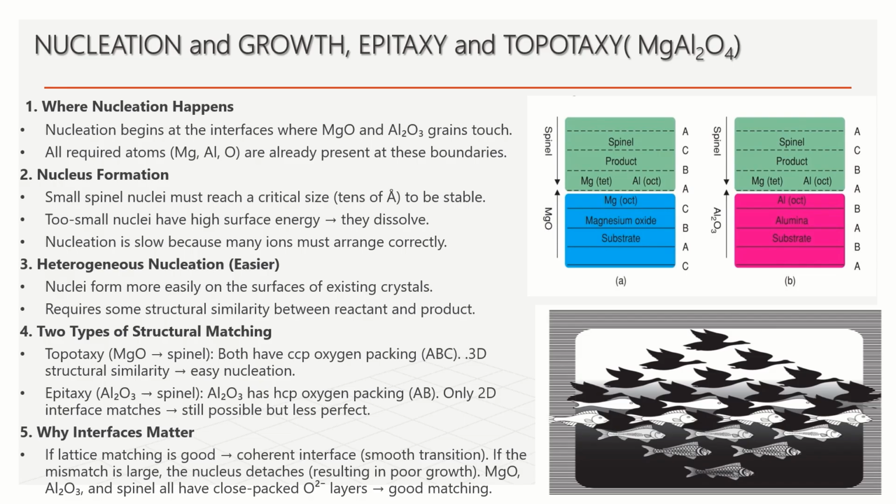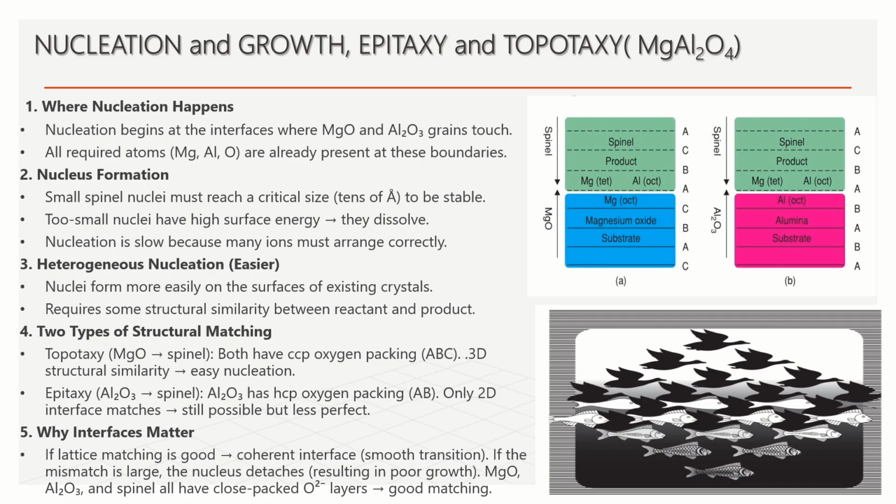Forming the product lowers energy, which is good for the formation of crystals, but a new surface increases energy, which is bad. If the nucleus is too small, the bad surface energy wins and the nucleus disappears. So nucleation is naturally difficult. You need many ions to arrange themselves in the correct pattern before the nucleus becomes stable.